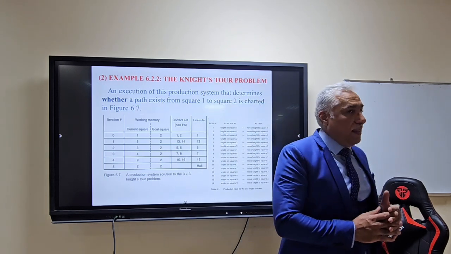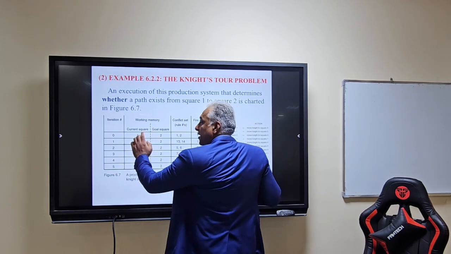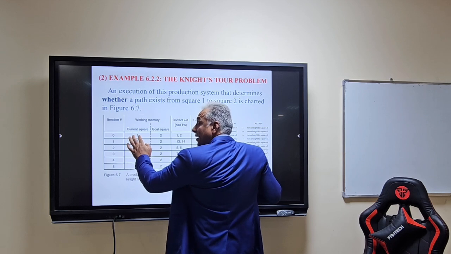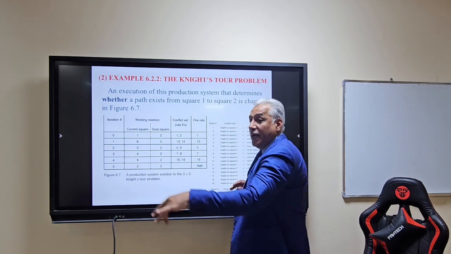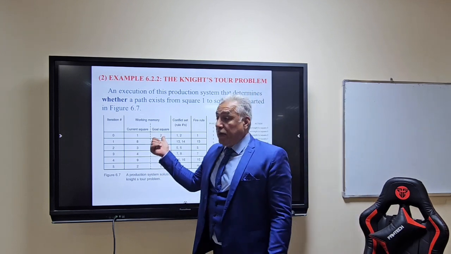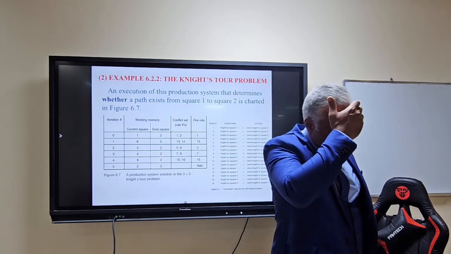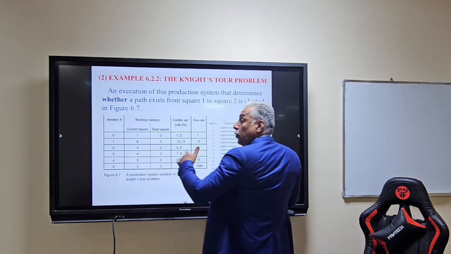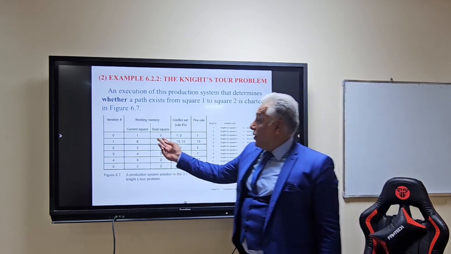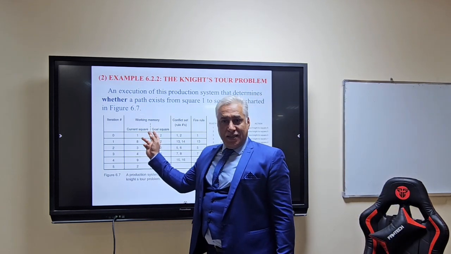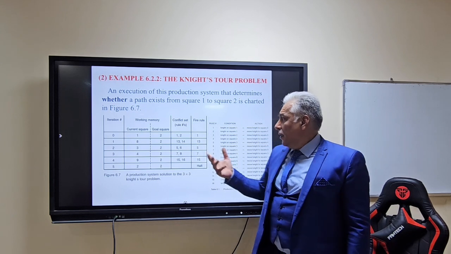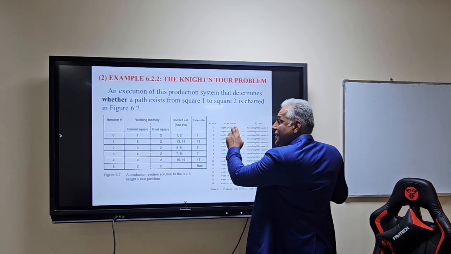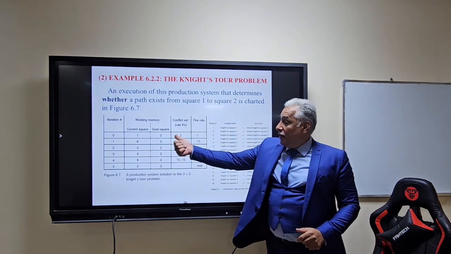How can I get the path from the first place, where the knight is landing at location 1, visiting other locations until I reach location 2? In this space, which rules are compatible with the two places or the two conditions?